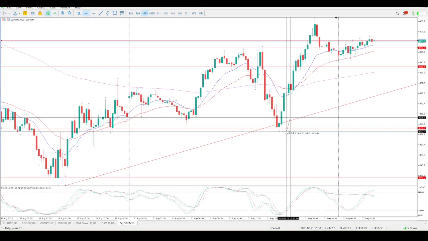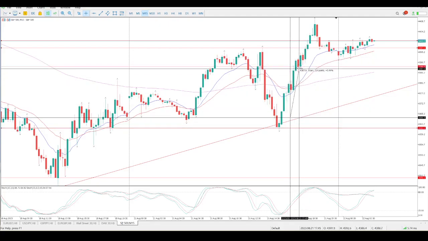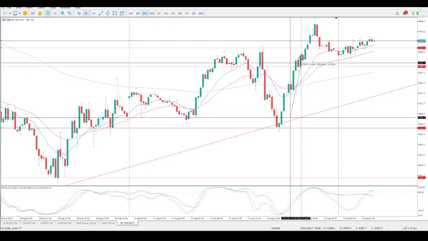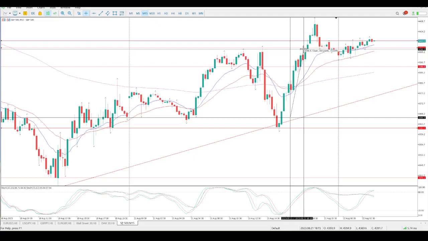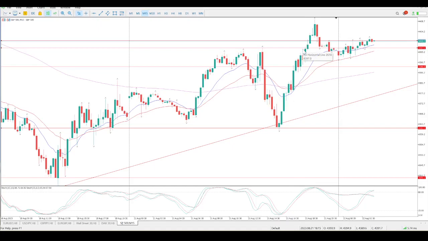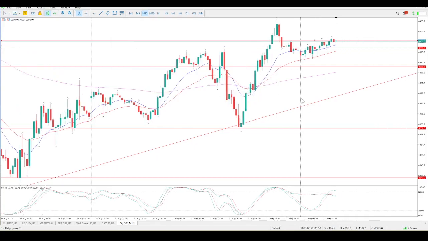You can see there 61 points, and it hit the first target, 220 points, and then hit the second level, which was 300 odd points. The oscillators were pointing to the downside, pretty much everything. The only thing that wasn't with you was the moving averages, which are all over the place. Anyway, what we have today is pretty much more of the same.